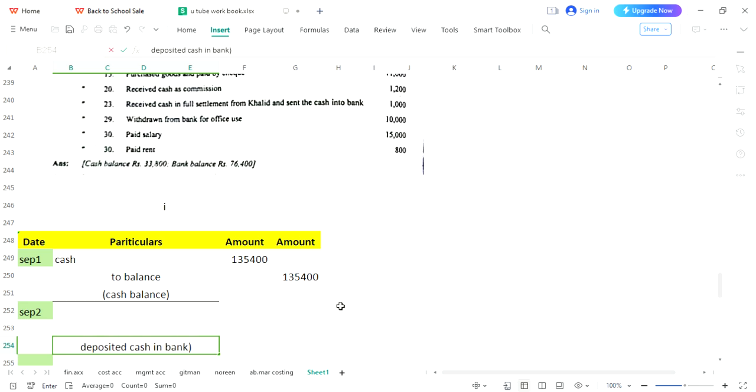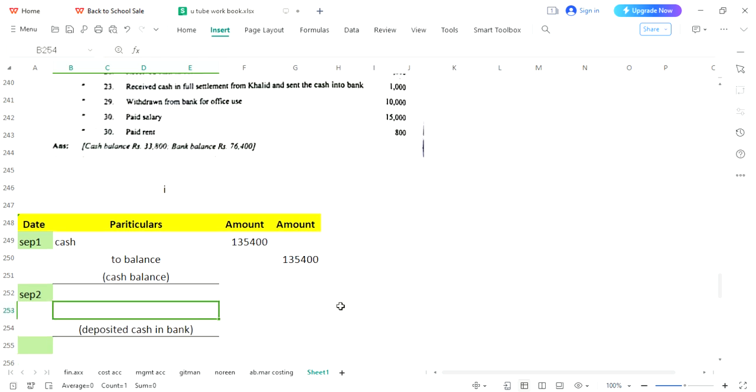You may write complete narration which is provided in the book, or you may write little less, which is called concise narration. Deposited cash into the bank. It means amount present in your hand has gone into the bank. Bank is your asset. Asset has been increased. Increase in asset should be debited.